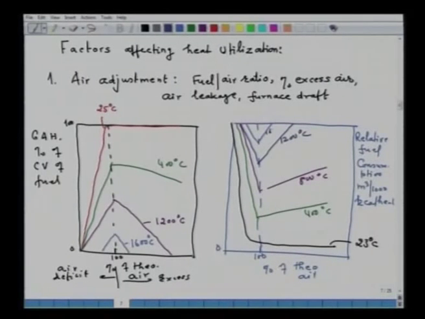This is for 1600 degrees Celsius; it drastically increases if the process critical temperature is 1200 degrees Celsius.